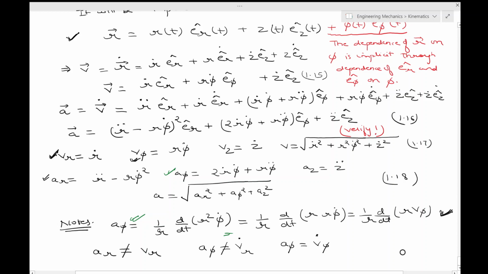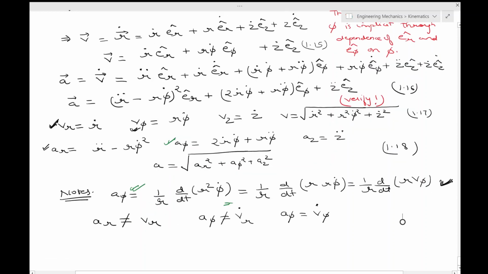The whole reason why this is not happening is because Er and E phi are not constant vectors, unlike the I hat, J hat and K hat, which were constant vectors in F. Remember I hat dot, J hat dot and K hat dot were equal to 0.